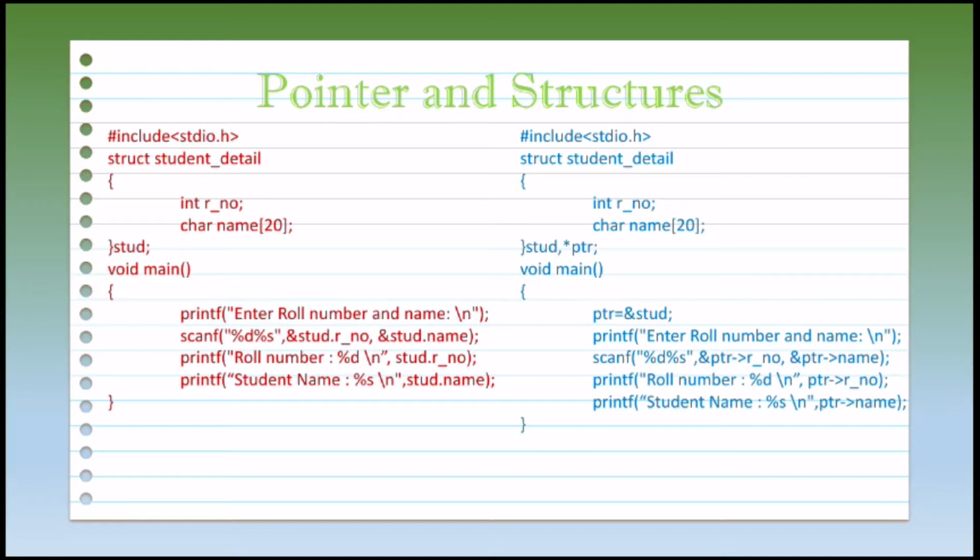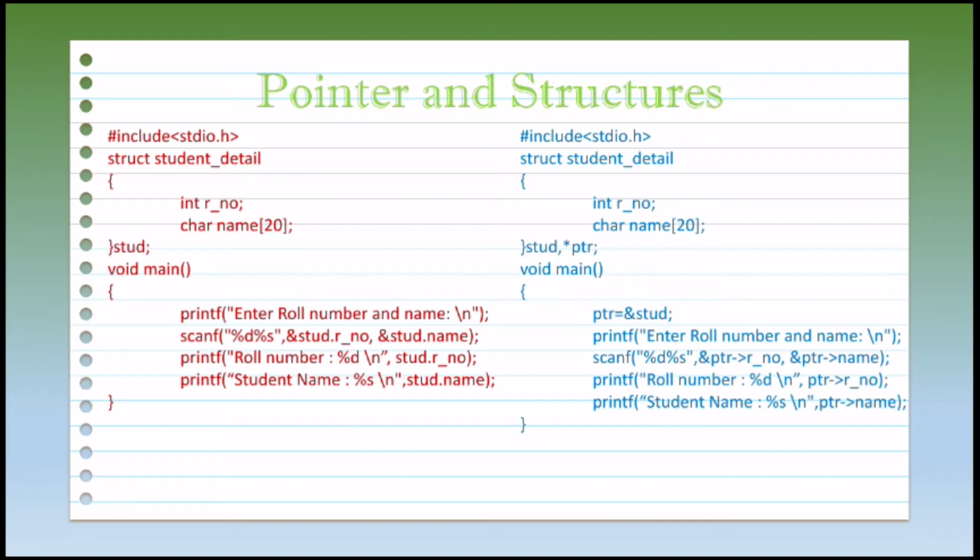Next, while reading the elements in the first example, that is normal student structure variable, we are using the dot operator and we are using the stud data, that is variable, whereas in the second example instead of using structure variable we are using address of that structure variable, that is ptr, and then to access that we are using arrow operator.